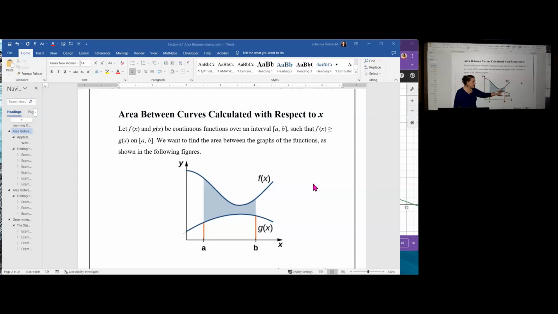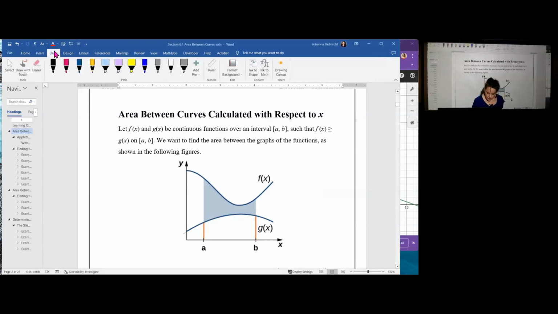What we want to find is the area between the two curves. The way that we compute it, of course, is to find the area that is underneath the f graph and between it and the x-axis, the net area, whether it's all above or all below or a mixture of the two. And then we find the area that is underneath the g graph.